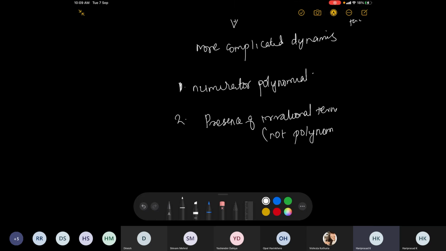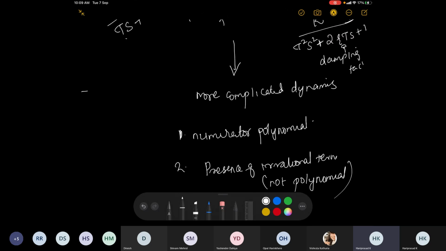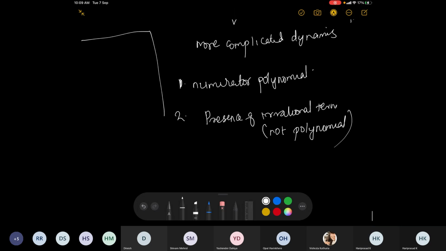So what will we do in that case? Here we have the very nice structure that things are polynomial and we are good to deal with it. Okay, so by the way, we have also learned two things in the middle. One is, numerator roots of the transfer function.